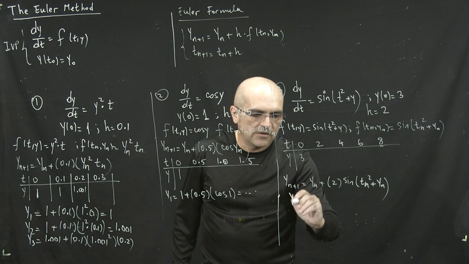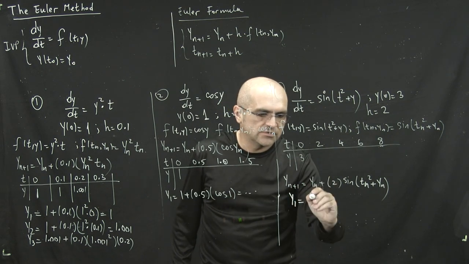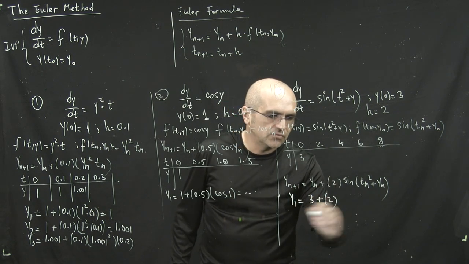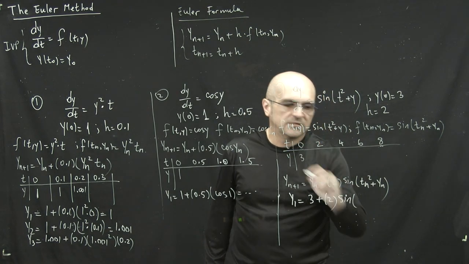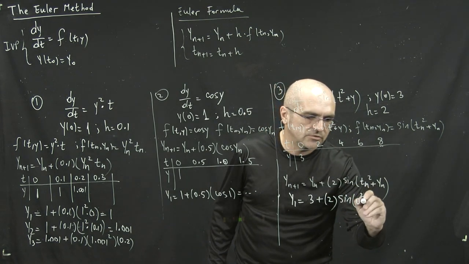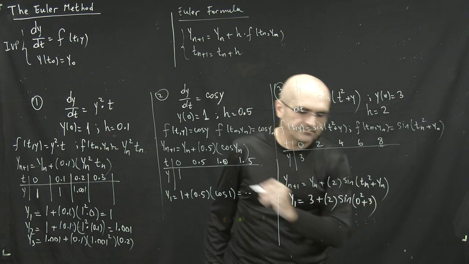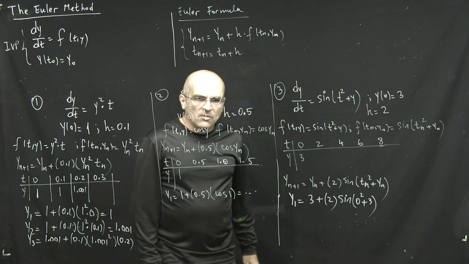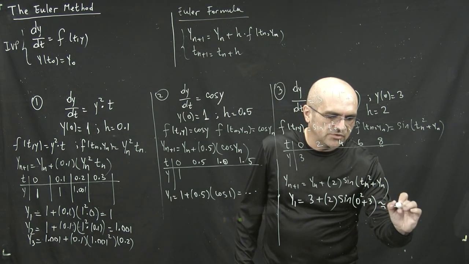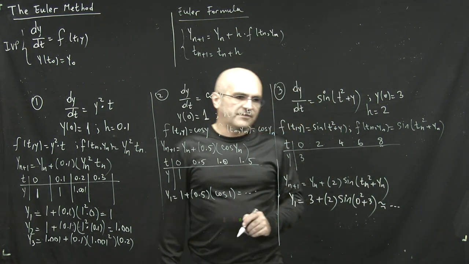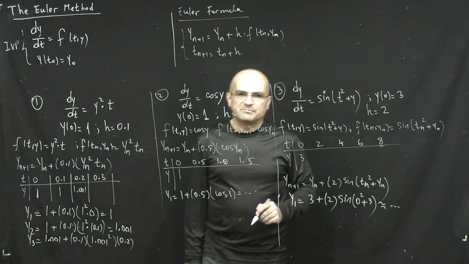So y1 equals y0, which is 3, plus 2 times sine of t naught squared, so that's 0 squared, plus yn, which is 3. Once again, I don't have the calculator right now, but sine of 3 again can be computed with decimals, and you can fill in the rest of the table this way.